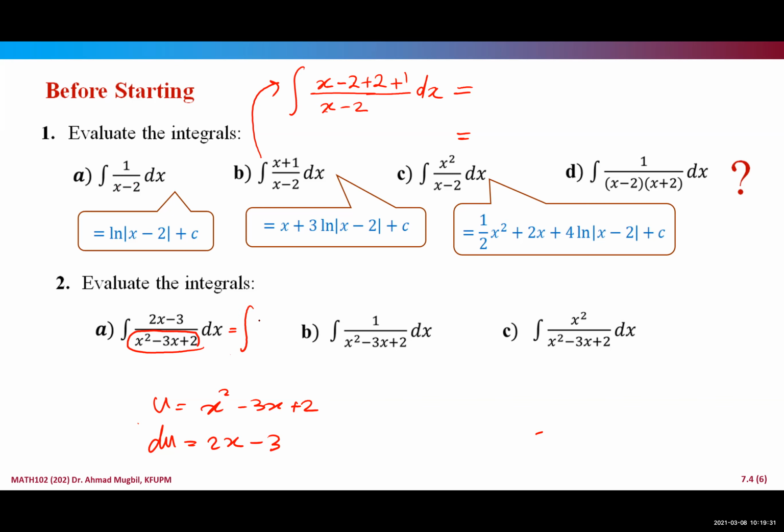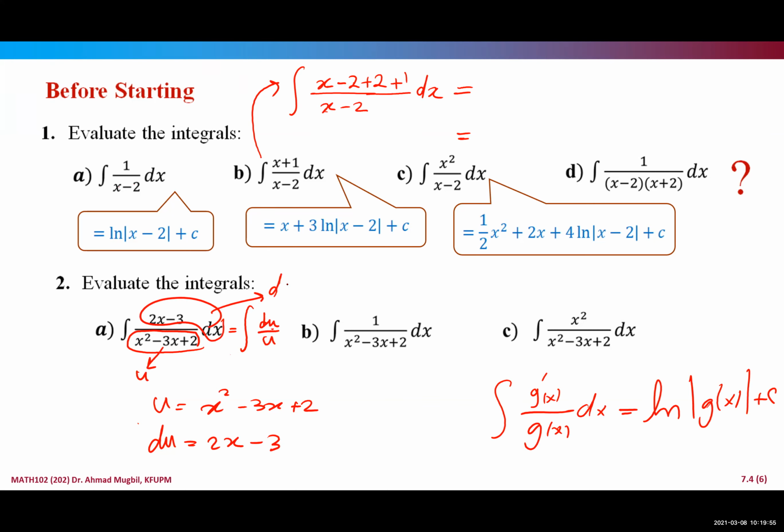We have 1 du over u. When you have a function and you have the derivative of that function, this is so easy. This is just ln the absolute value of the denominator. So in this case, the result will be the ln of the denominator.